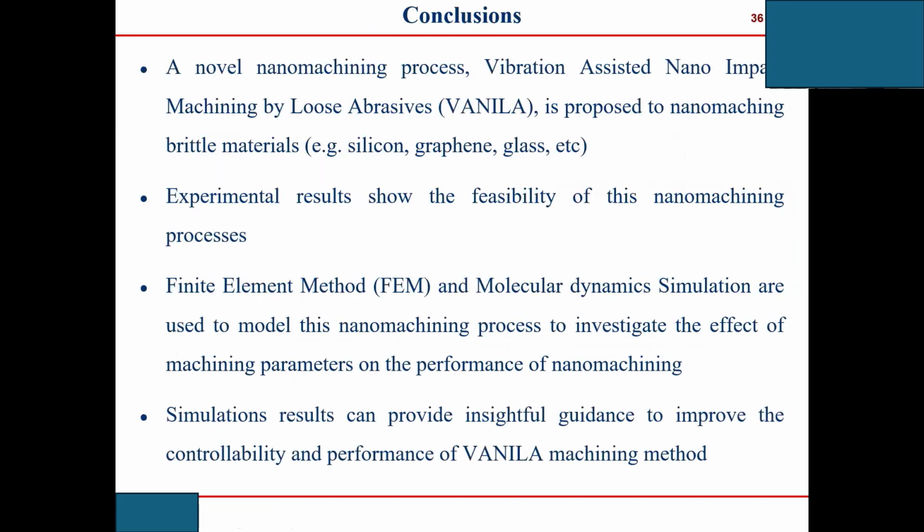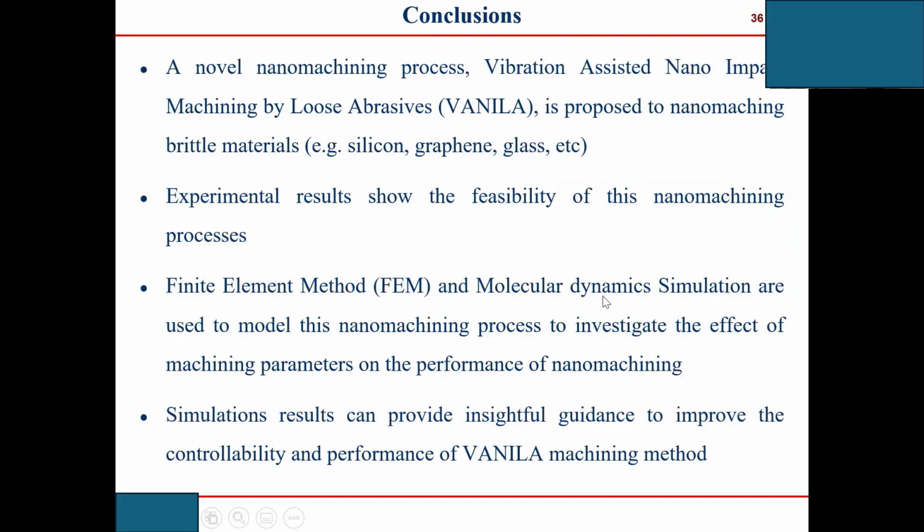And here are the conclusions. A novel nanomachining process, VANILA, is proposed to nanomachine brittle materials, for example silicon, graphene, glass, etc. Experimental results show the feasibility of these nanomachining processes.